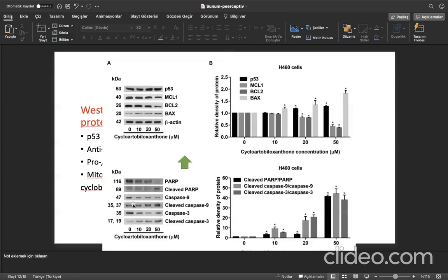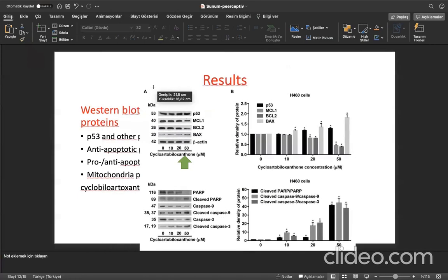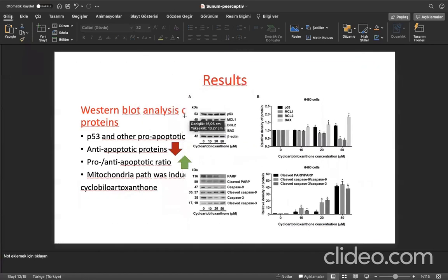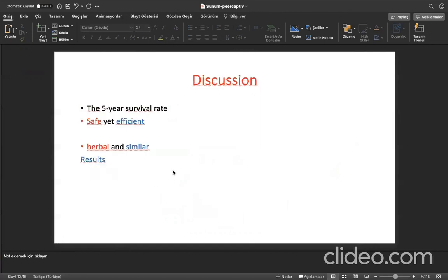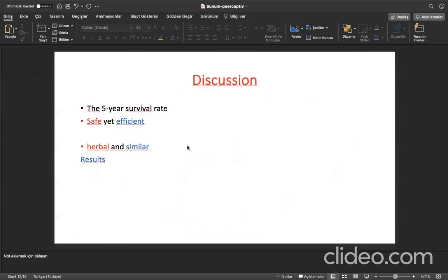And you can see the PARP and cleaved PARP. So from here, we can say that the pro-apoptotic to anti-apoptotic protein ratio was increased dramatically by the compound. So from there, we also understand that this compound induces the intrinsic apoptotic pathway.